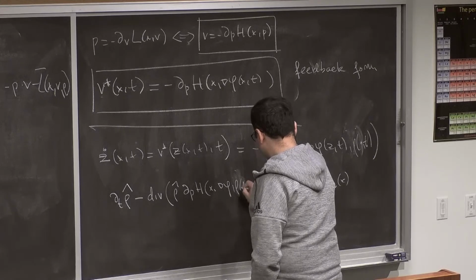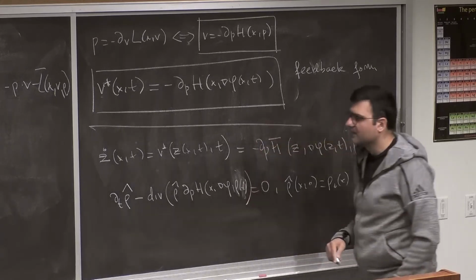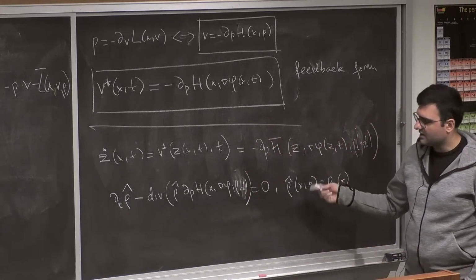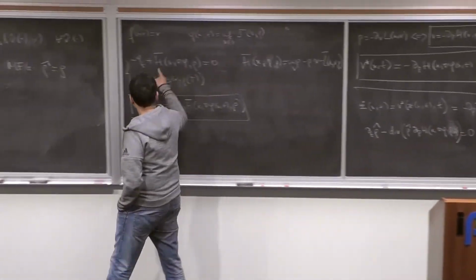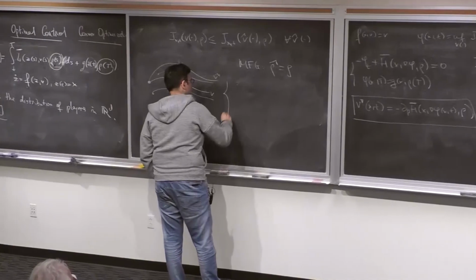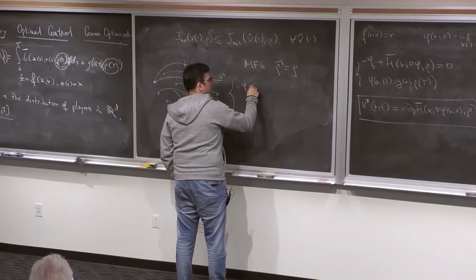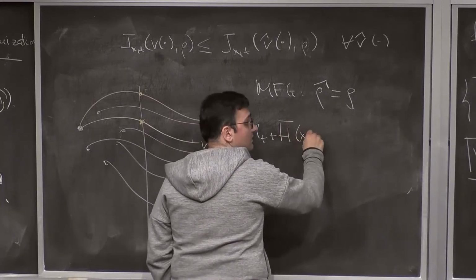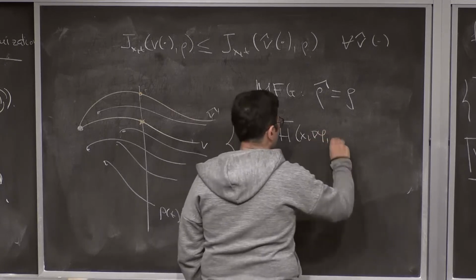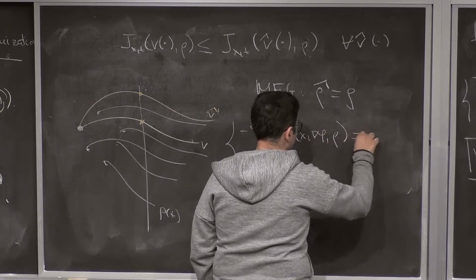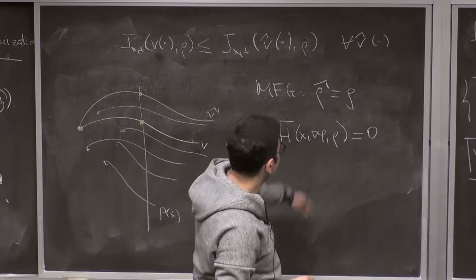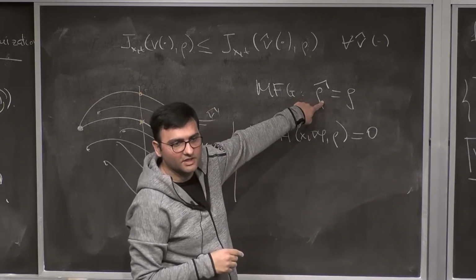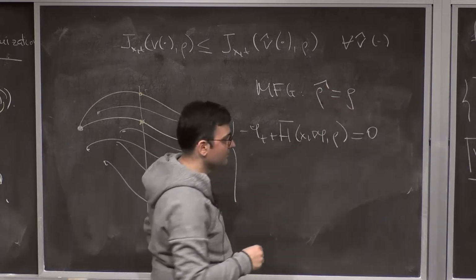Rho t. Yeah. And now let me summarize, so let me write down all the equations that we got. So first the HJB equals 0. Then I get the continuity equation and I use the fact that rho hat is rho, so we're at the equilibrium.